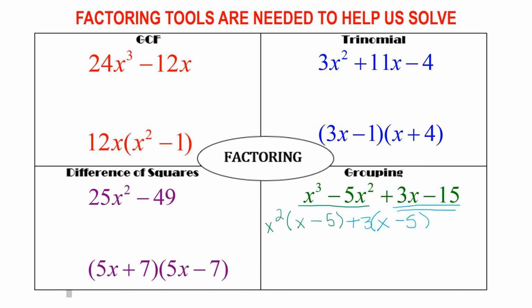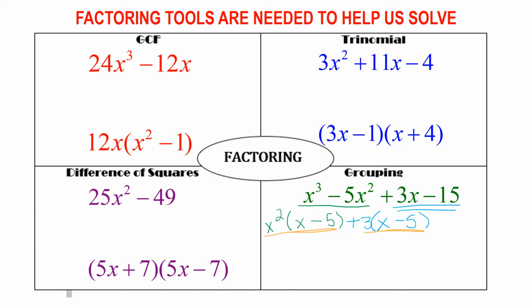And then what happens, and I'll write this in yellow, is what's inside my set of parentheses is another common factor. We have this expression where it's x squared times this parentheses plus 3 times this set of parentheses. So we really only have 2 terms, the x squared times something plus the 3 times something.